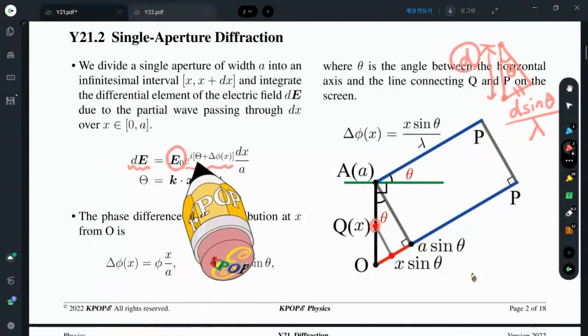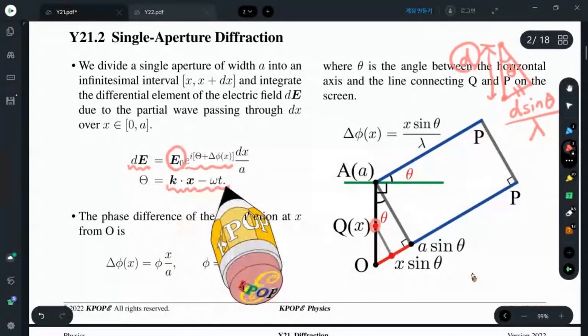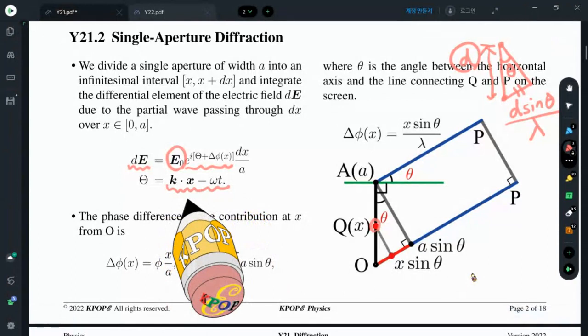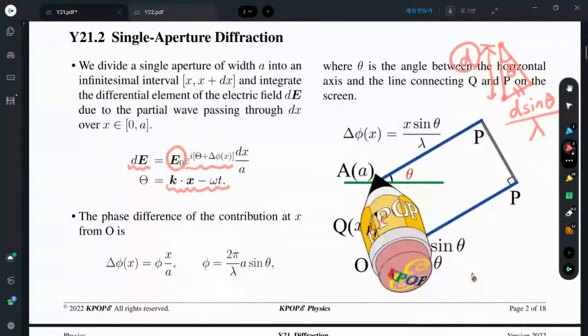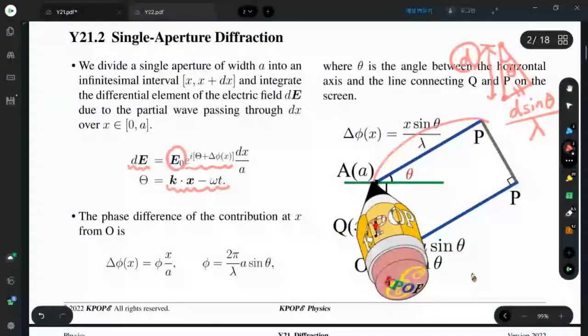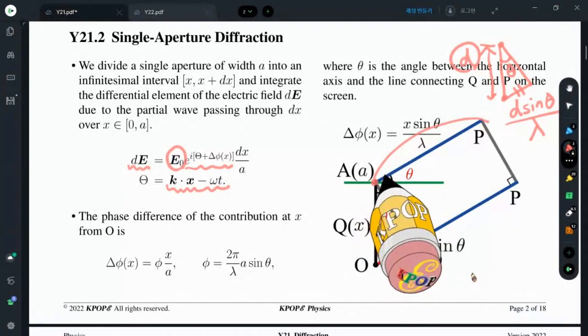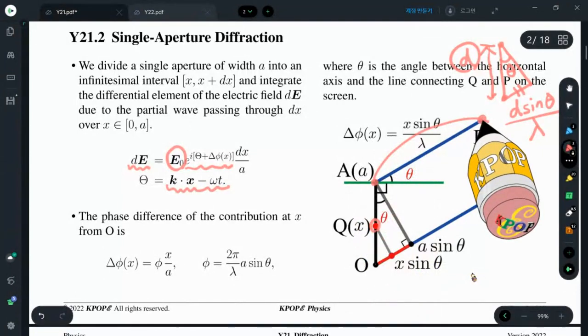The exponential has an argument. We have a common factor, kx minus omega t, that determines the distance between the upper edge of the aperture to the point P.